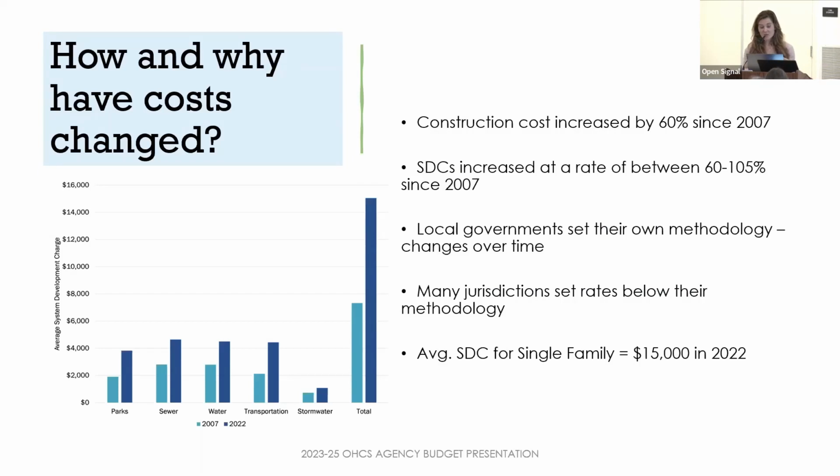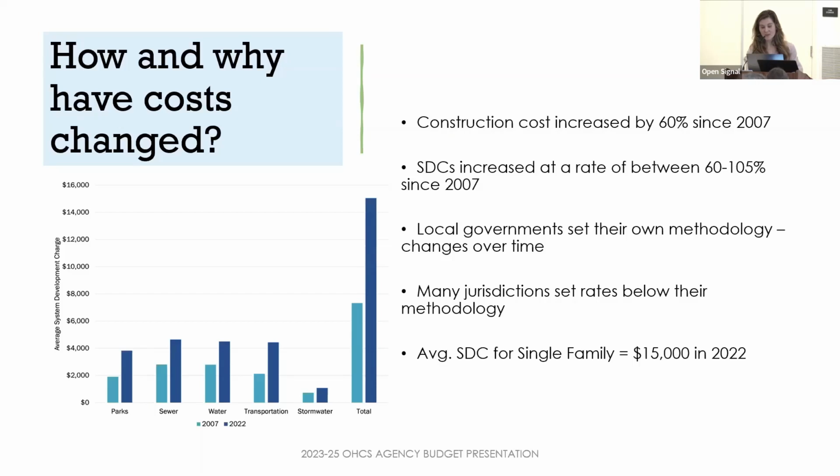In addition to the increase in construction costs, there are other factors that make SDCs more costly. These things include other regulations, like we talked about, escalating land costs, or possibly just an underreporting of SDCs in 2007. So this creates a $15,000 total average for each of the combined jurisdictions for each type of infrastructure that we see here.